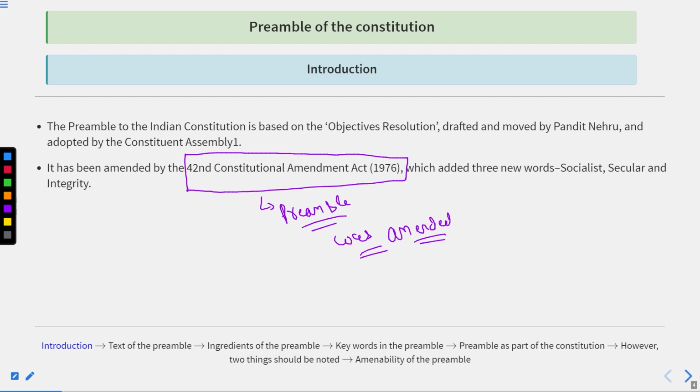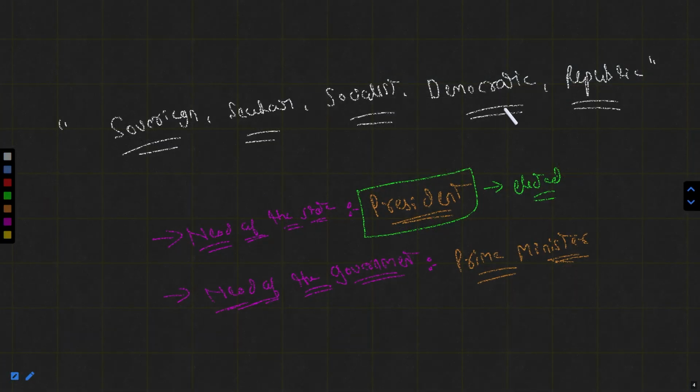All right. And the three new words were added, like the socialist, like the secular, and the integrity. All right. So you will ask me, like, where is the integrity here? All right. So basically, this is the introduction. It means what we are.